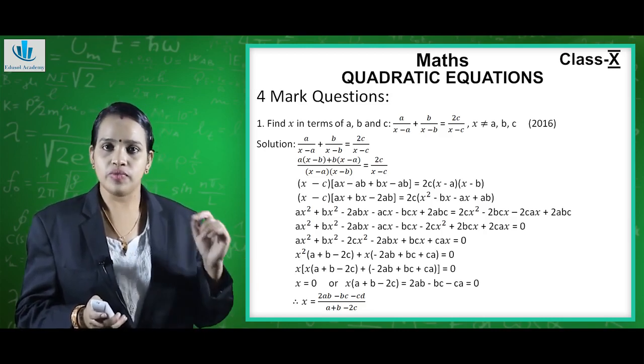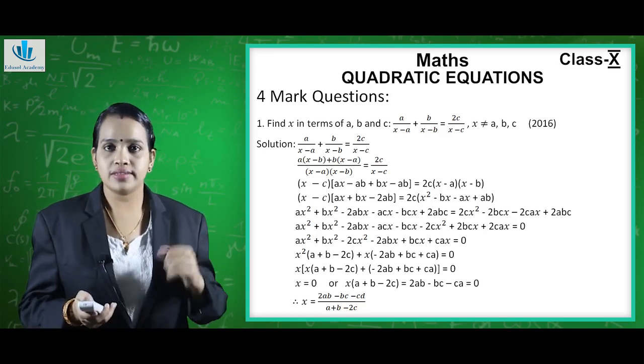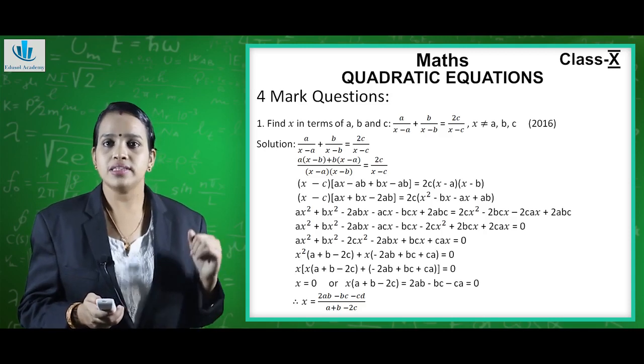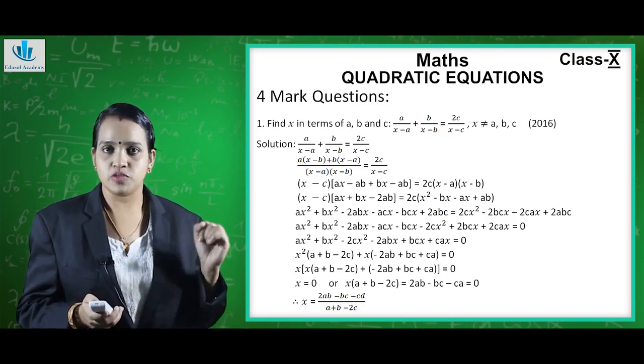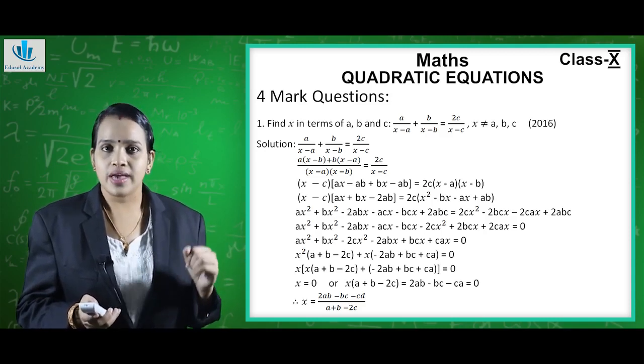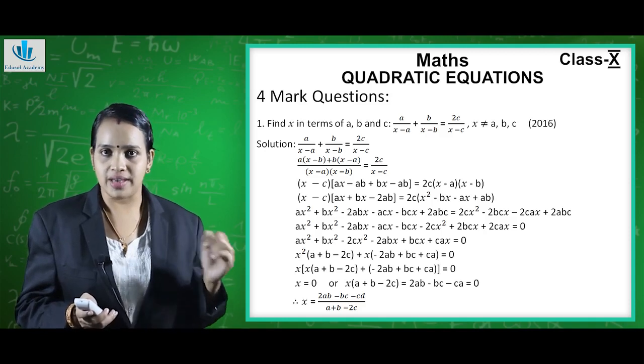Here we will again open the bracket of our left hand side, so it becomes x into ax, that is ax raised to 2, x into bx, it becomes plus bx raised to 2, x into minus 2ab, it gives minus 2abx.